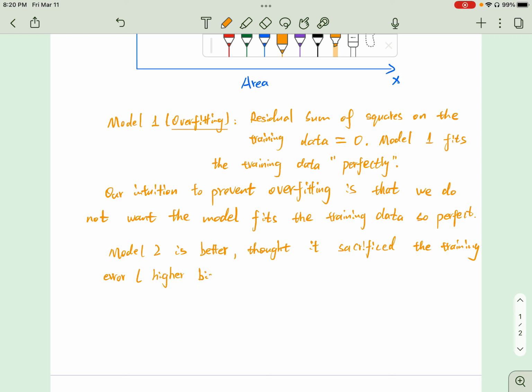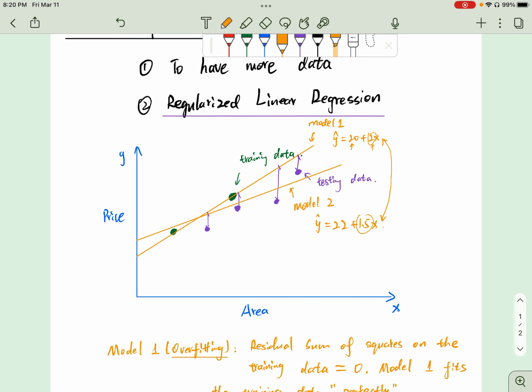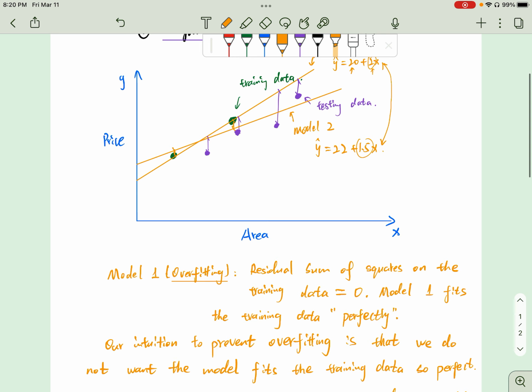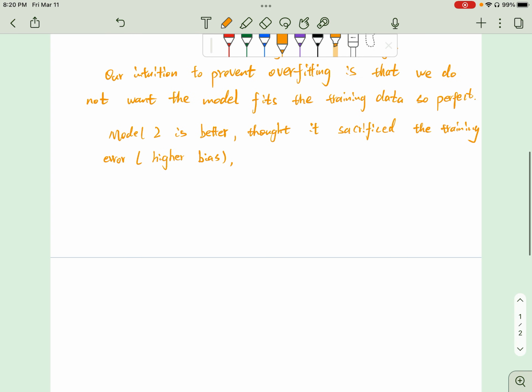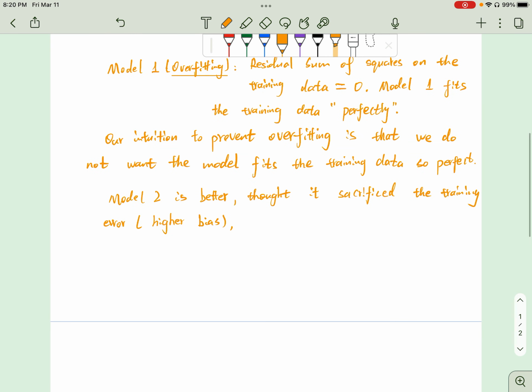Higher bias, right? So we can see here, this line is model 2. When you calculate the training error of model 2, you will calculate this distance and this distance. This is exactly not 0. You remember the training error of model 1 is 0.